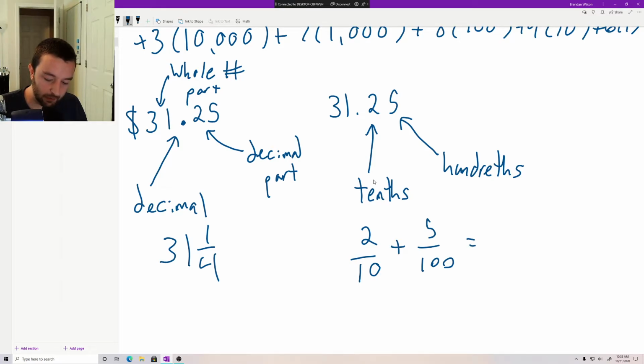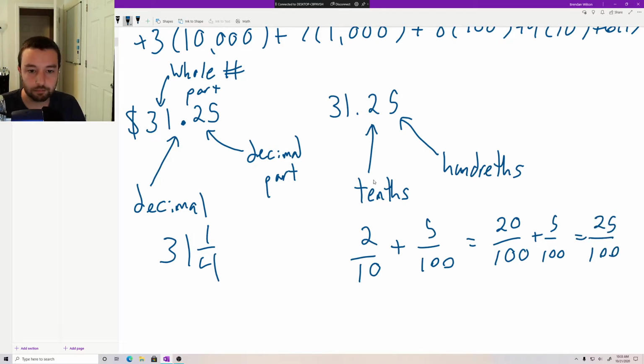If we did that, we could convert the 2 over 10 to 20 over 100 by multiplying top and bottom by 100. And we would see overall we have 25 hundredths. Okay, which is what we would expect putting it into the money context, right? We have 25 out of the 100 cents we would need for another dollar.